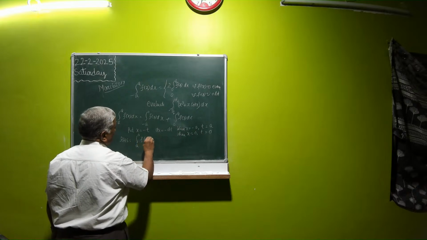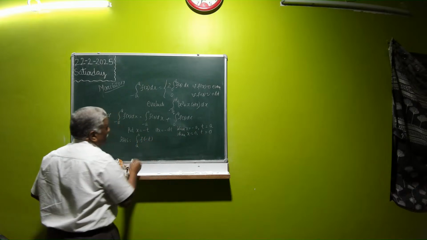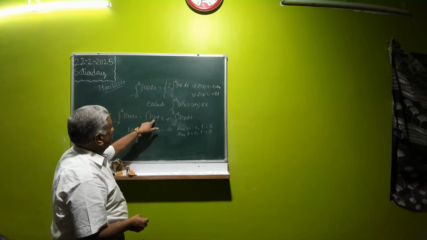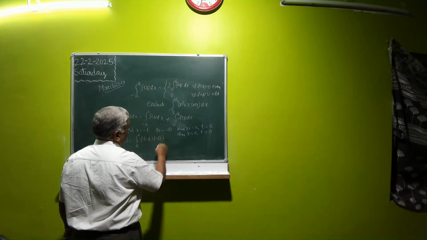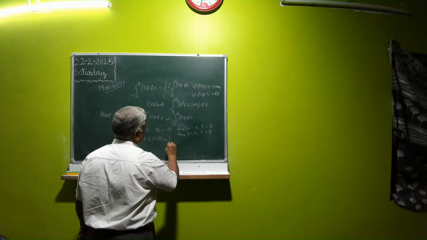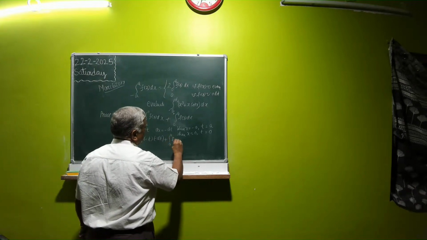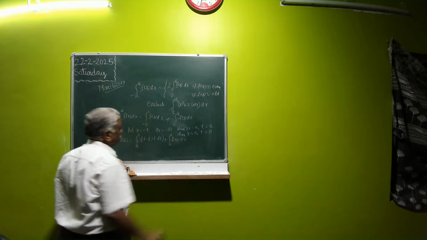x is minus t because we have taken x as minus t, and this is minus dt. Plus integral 0 to a, that you write as it is. We have not altered the second limit.